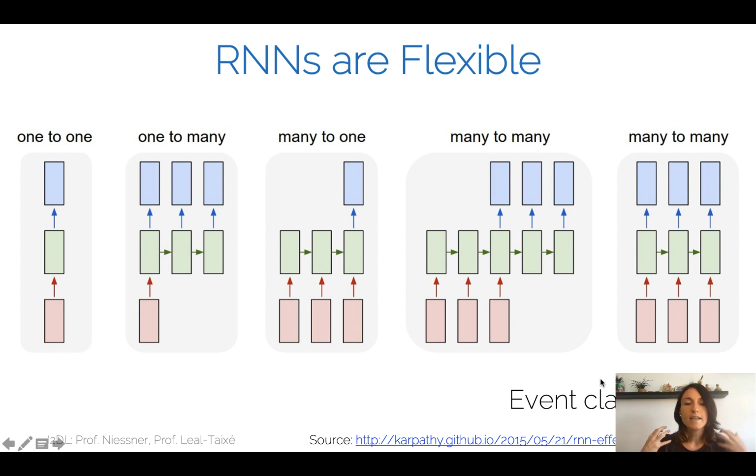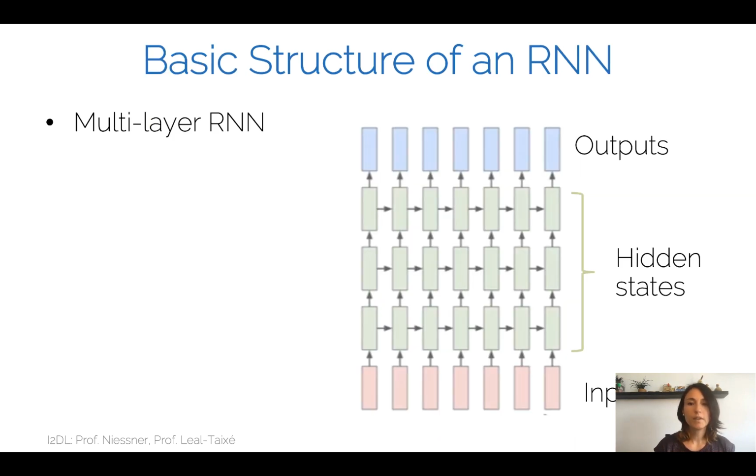So what are these hidden layers inside a recurrent neural network? The basic structure of the RNN is going to be this multi-layer recurrent neural network, where we have here our sequence of inputs and also a sequence as an output.